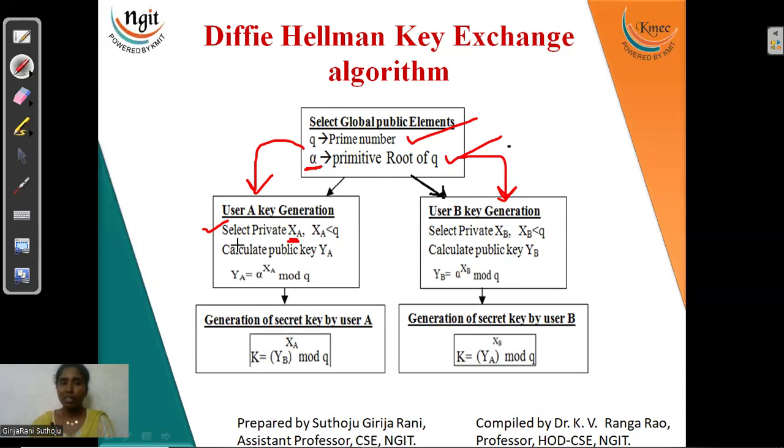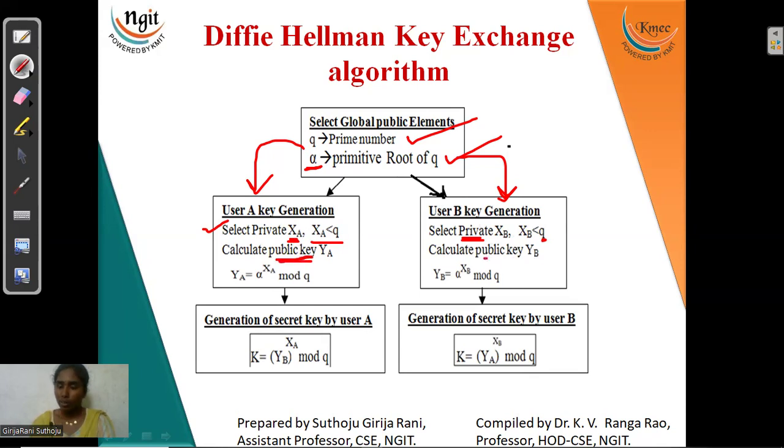We are going to select one private key, that's it, which must be less than our Q. Similarly, at the receiver side, we have to select one private key, which must be lesser than our selected prime number Q.